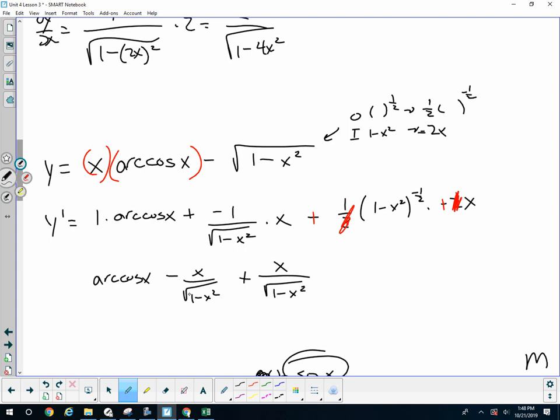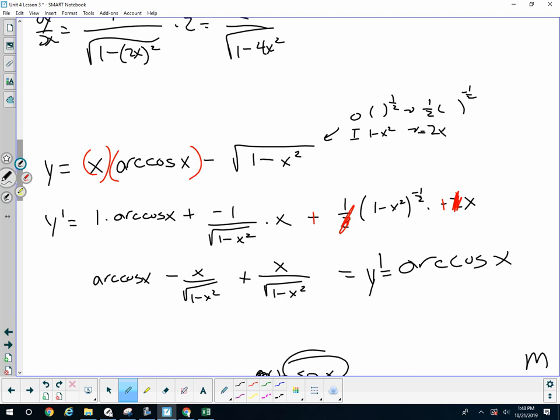This minus x over root 1 minus x squared, that's positive. They cancel. I just get arc cos x. That would be y prime. So that's just an interesting one: take the derivative, simplify a little bit, you'll notice some things cancel.